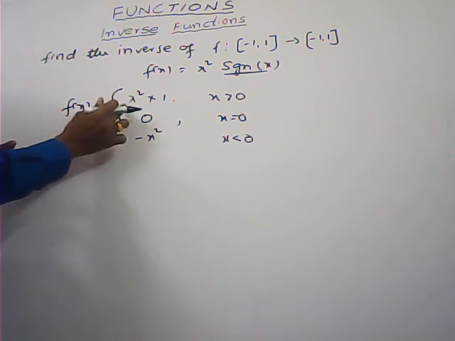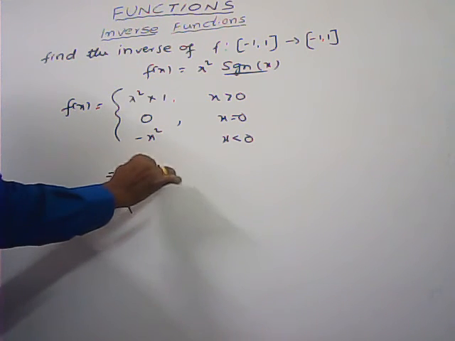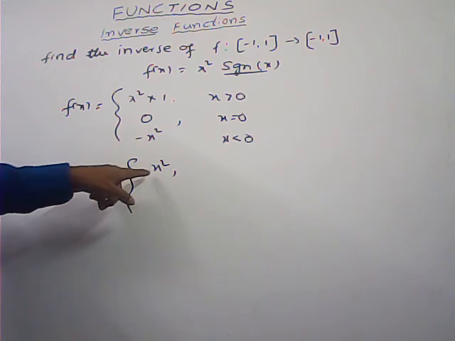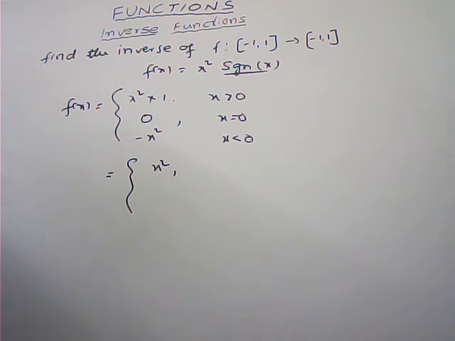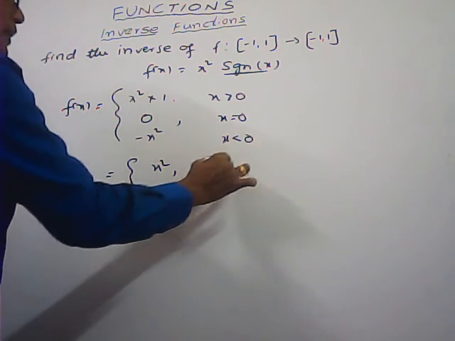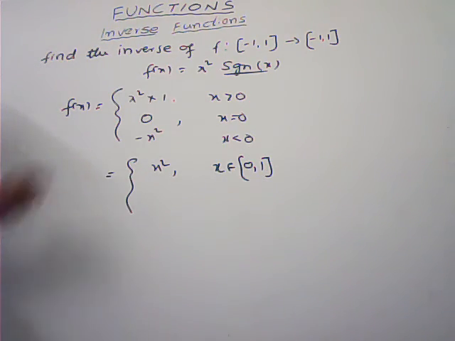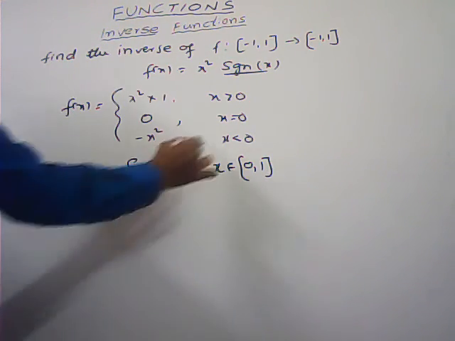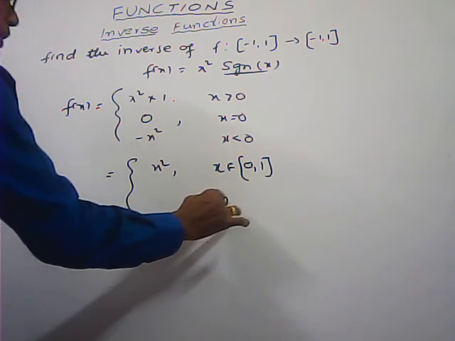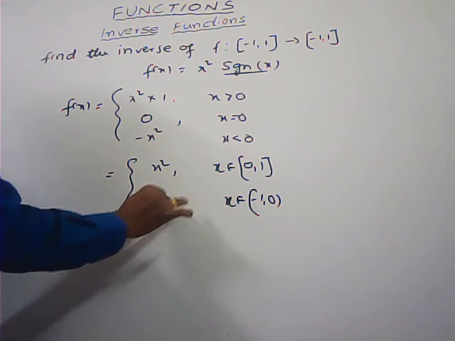Now here I am combining these two. That is equal to x square for x more than 0, and if x equals 0 also we are getting 0 only. So here x belongs to 0 to 1, that is x square. Here I combine these two. And for x less than 0, minus x square only. So x belongs to minus 1 to 0, this is minus x square.